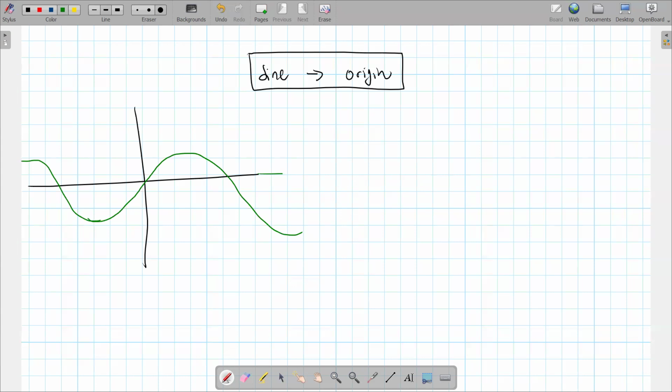Remember what they are? It's a reflection. They're both types of reflections. One of them is a reflection on the origin. The other one's a reflection on the x-axis. So this is an odd function. What you have in quadrant 1, you have in quadrant 3.